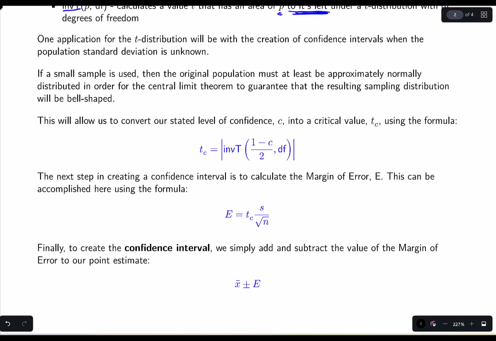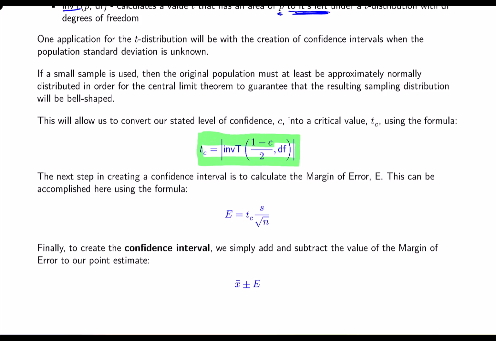If it is, then we're okay to use the t-distribution in order to convert our level of confidence into a critical value. And the way we do that is through a very similar formula for a critical value. You see the critical value formula here for t-distributions looks almost identical to what it was for normal distributions.